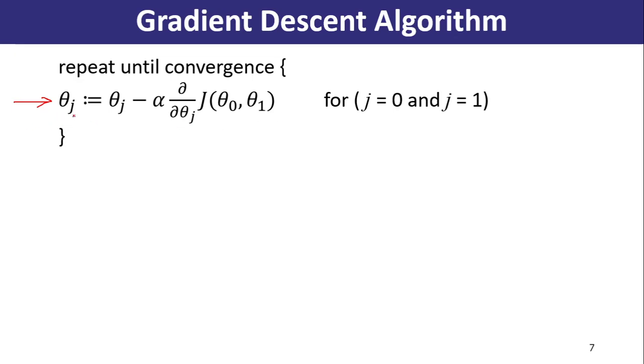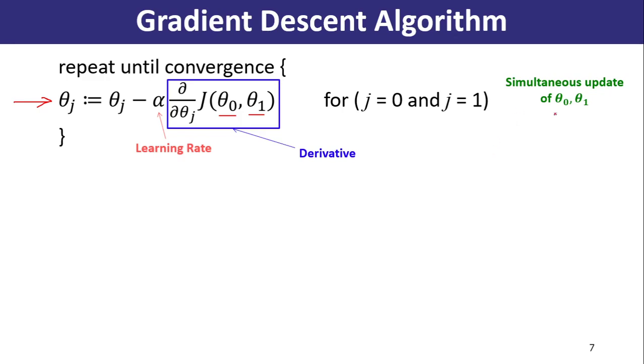We update the thetas for j equal to 0 and j equal to 1, as we have two parameters, theta 0 and theta 1. So in every iteration we update the value of theta 0 as well as theta 1. This alpha is known as the learning rate, and the partial derivative is multiplied with this learning rate.